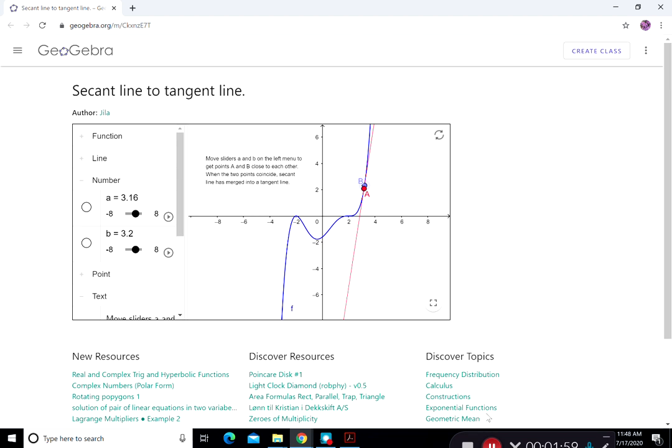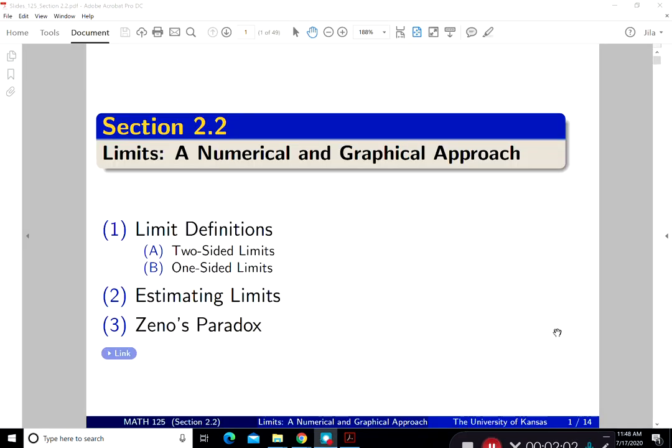Now, in this section, we define limit a little bit more formally, using two-sided limit and one-sided limit definitions, and then we start estimating limits and giving you more tools on how this limit actually works, basically how to compute the limit, because 2.1 was more an application of the limit and how we use it in this course, one of the ways that we use it.